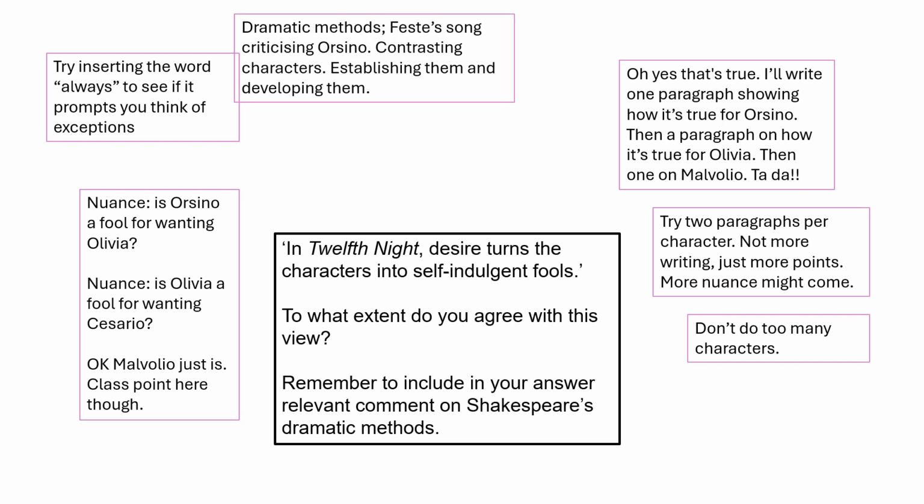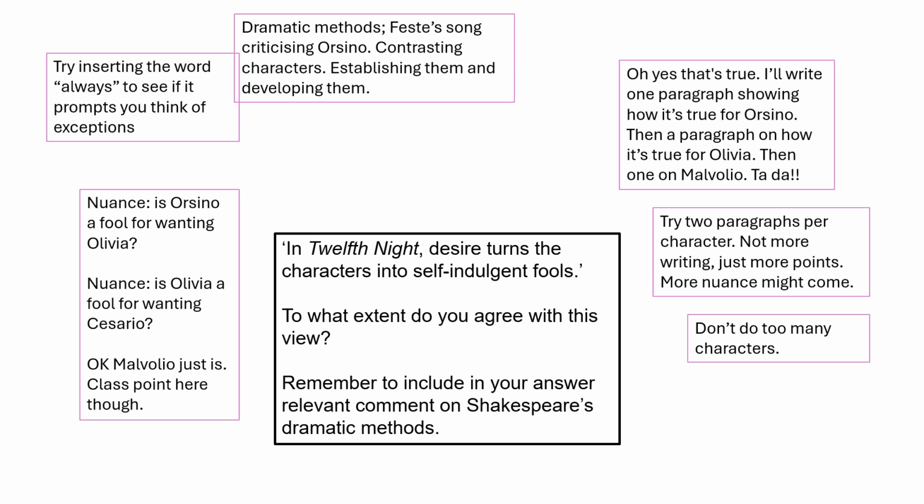Oh, a bit more dramatic methods, I thought, from a lot of people. So Feste's song criticizing Orsino, there's the method. You've seen this self-obsessed person, and then you've got Feste directly singing that at him.